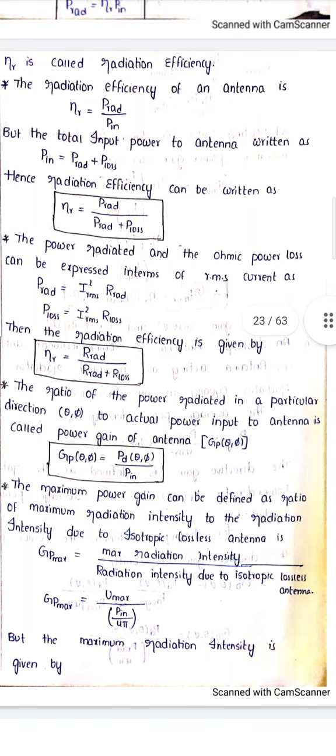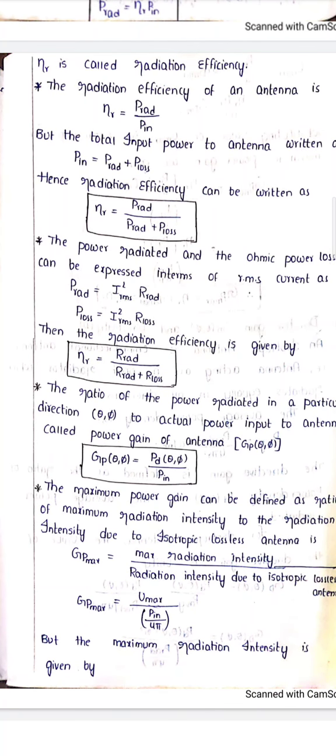GP of theta comma phi is equal to PD of theta comma phi, where PD is the power radiated in a particular direction to the actual power input to the antenna.